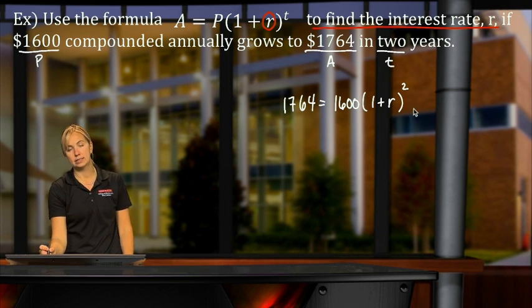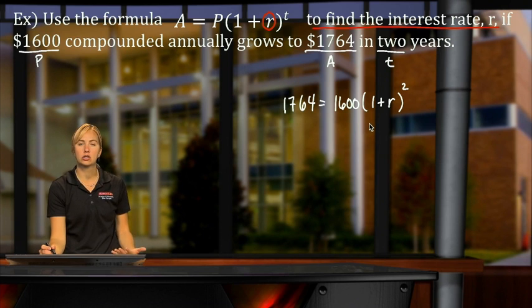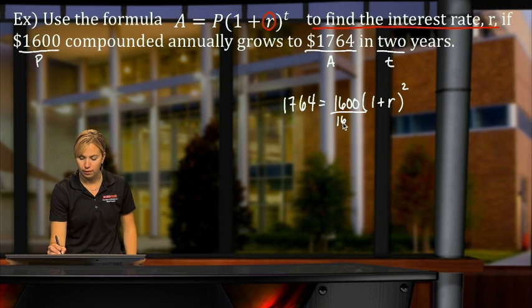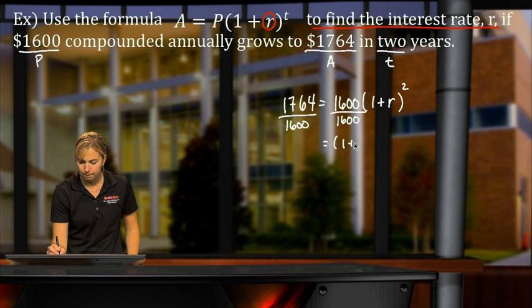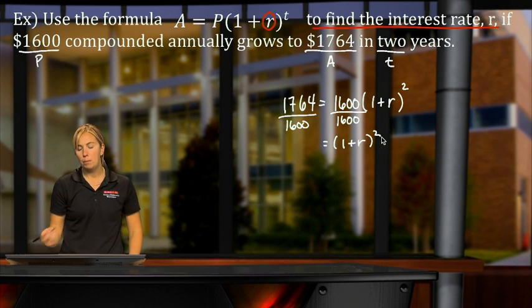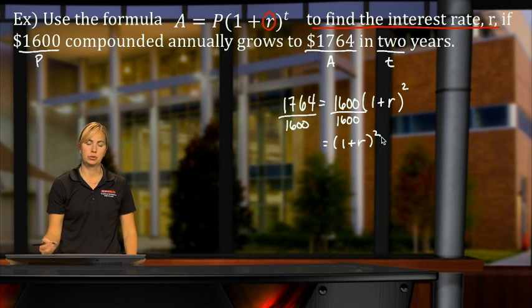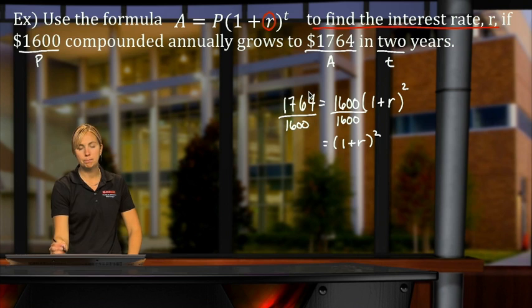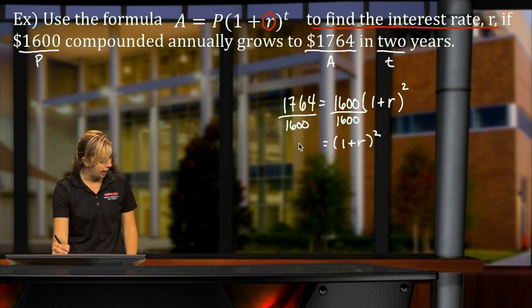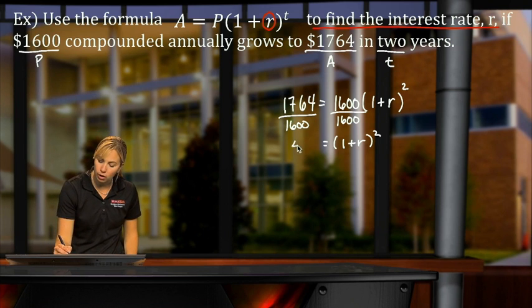We should recognize this (1 plus r) squared. That looks like our square root property examples. So to isolate that, we need to divide both sides by 1,600. So we have (1 plus r) squared alone on the right-hand side, and we're going to simplify this fraction. This simplifies to 441 over 400.